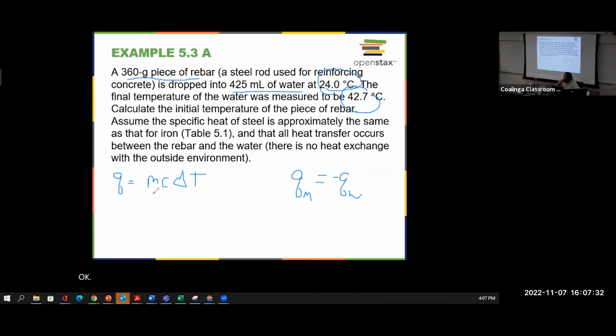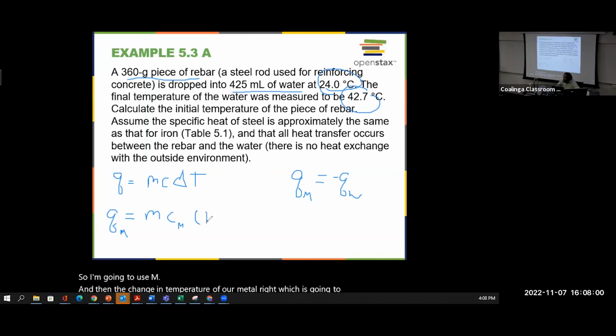So we know that in the case of Q metal, that's going to equal the mass of the metal, the specific heat of our metal, and then the change in temperature of the metal, right, which is going to be the T final minus T initial.